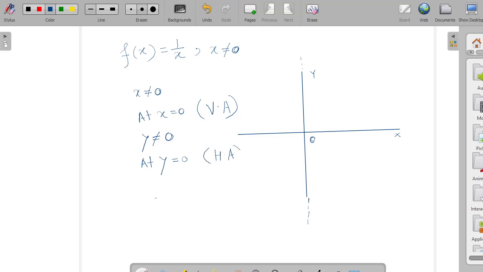These are the two asymptotes we have. The numerator is 1, so the function cannot attain a 0 value. Therefore we have a horizontal asymptote at y equals 0. So these are the two asymptotes of this given function. Moreover, let me highlight a few other points before sketching the graph.